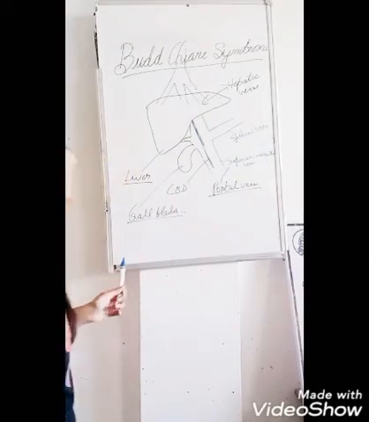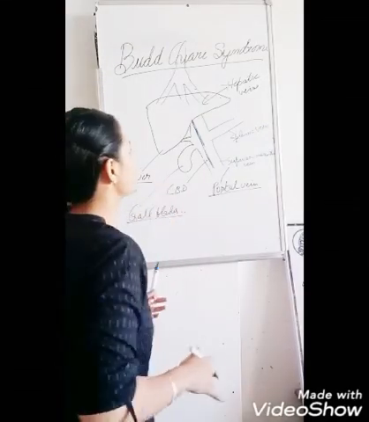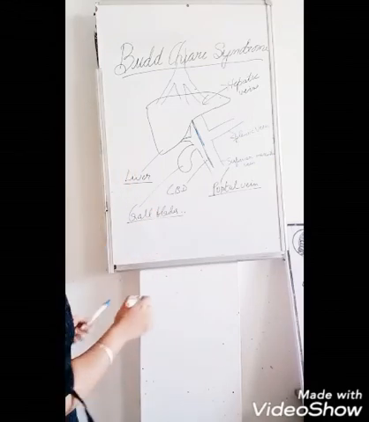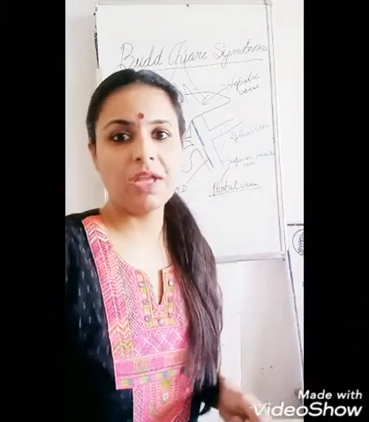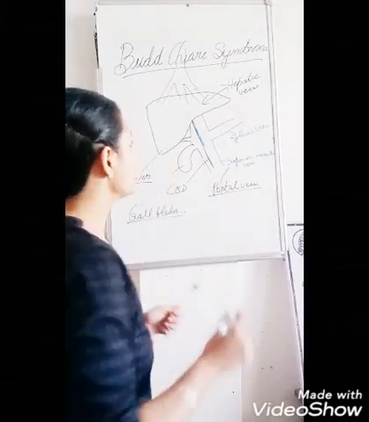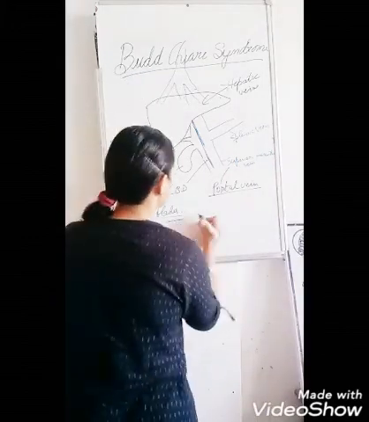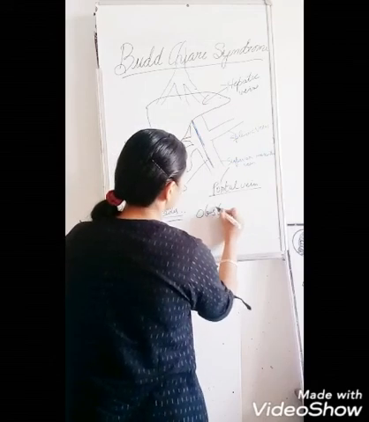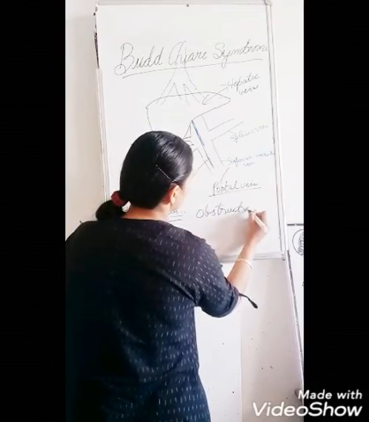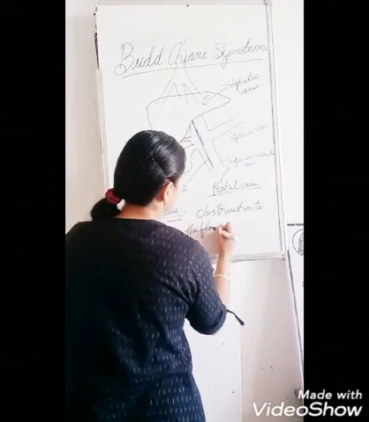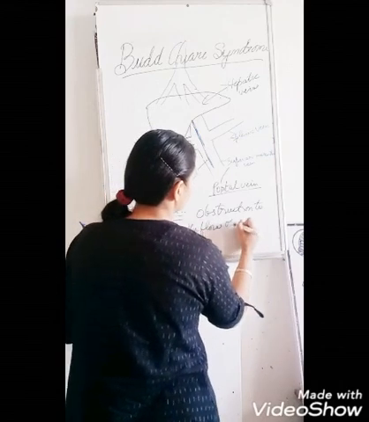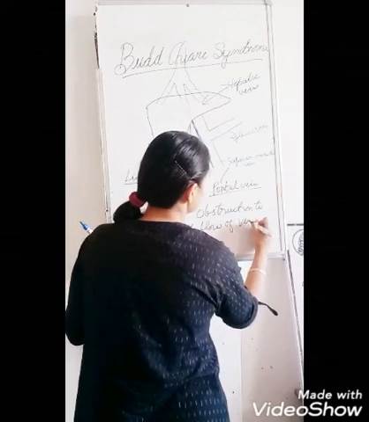So what happens? There is obstruction in the hepatic veins and in the terminal portion of the inferior vena cava. So there is obstruction to the flow of venous drainage.